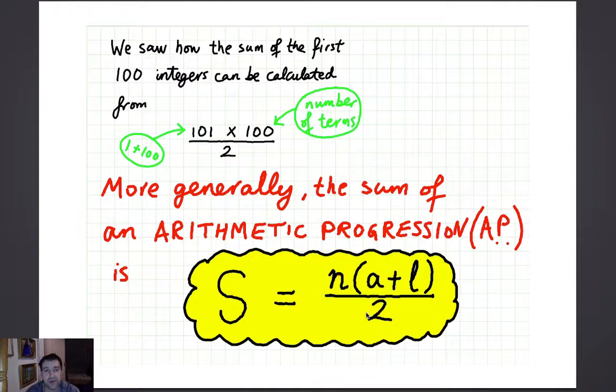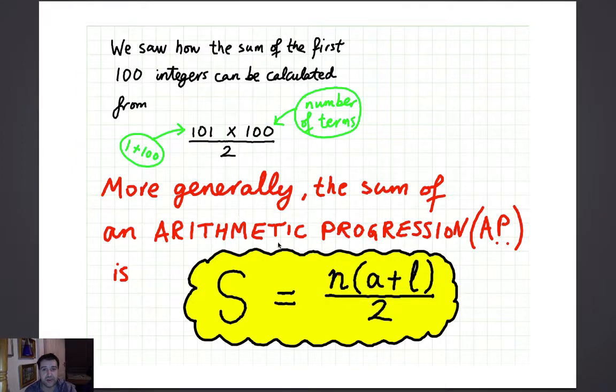So we saw how the sum of the first 100 integers was calculated from 101 times 100 over 2. And then 101, we got that from 1 plus 100. So that was the first term plus the last term. 100 we got from the number of terms, so that was n, and then divided by 2.